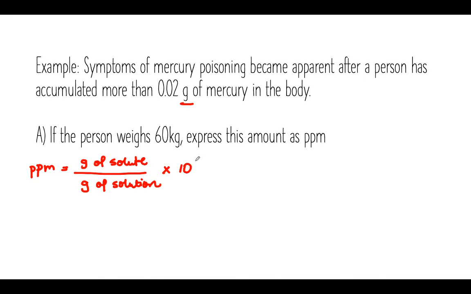So let's first convert 60 kilograms into grams. Remember our unit conversion: 1 kilogram equals 1,000 grams. Because of this, my kilograms cancel out, and I get 60,000 grams.